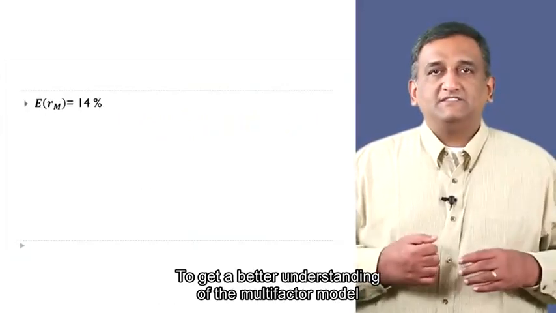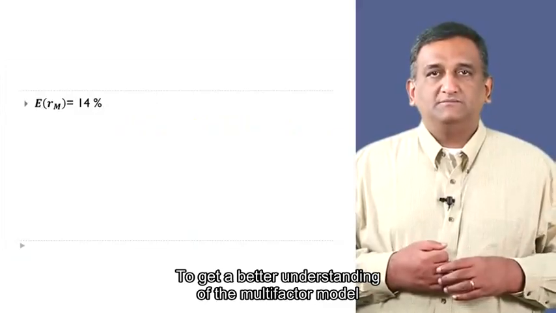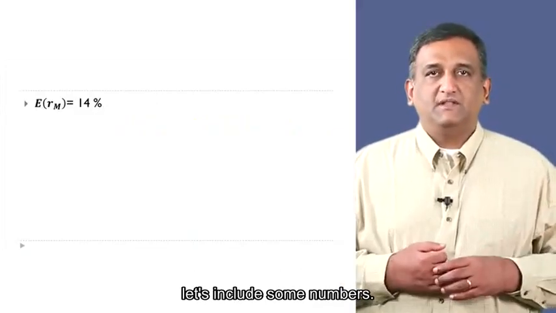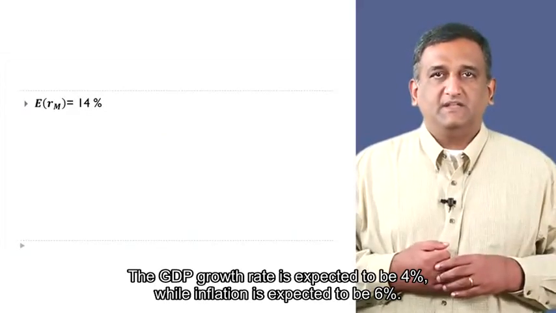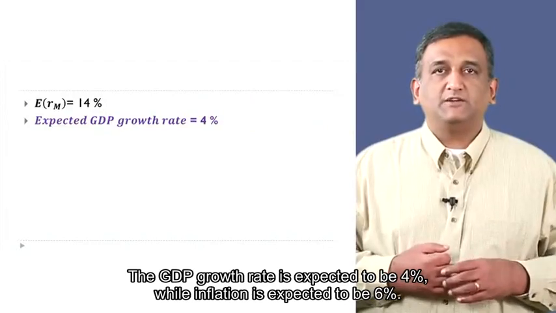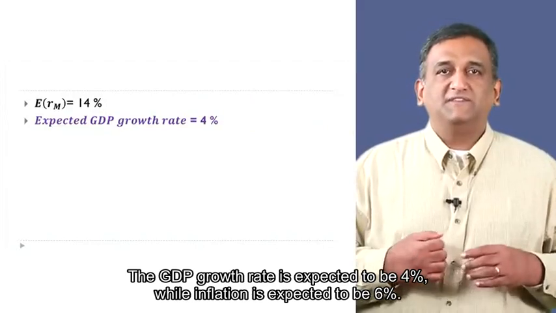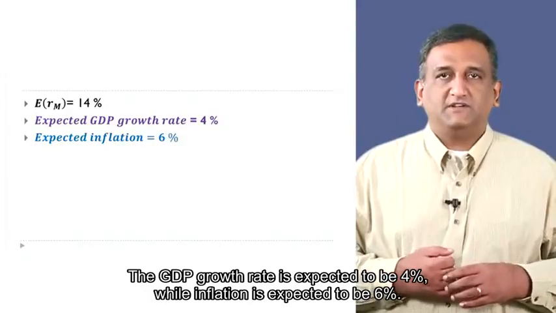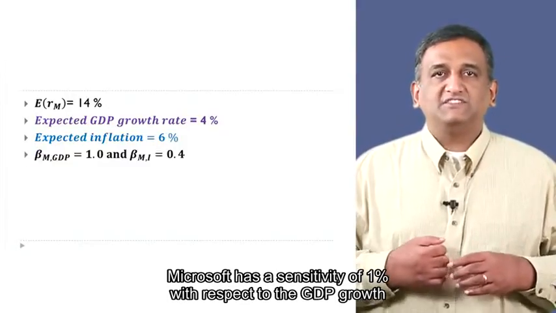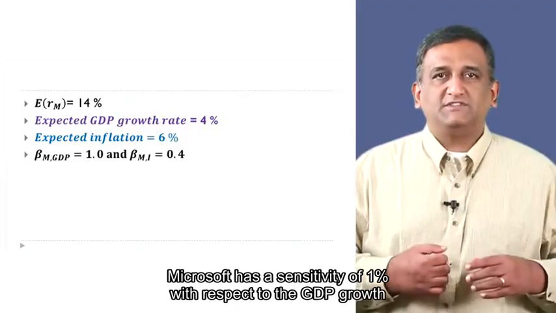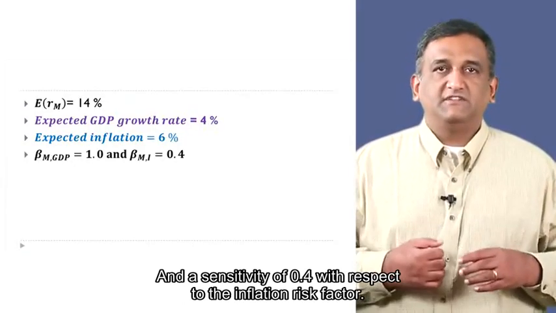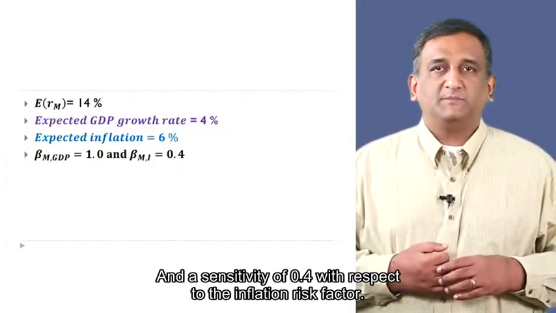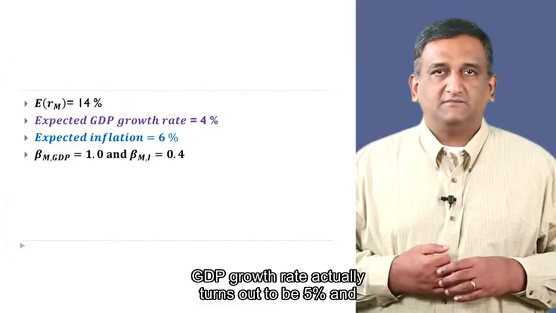To get a better understanding of the multi-factor model, let's include some numbers. Say Microsoft's expected return is 10%. The GDP growth rate is expected to be 4%, while inflation is expected to be 6%. Microsoft has a sensitivity of 1 with respect to the GDP growth rate risk factor, and a sensitivity of 0.4 with respect to the inflation risk factor.